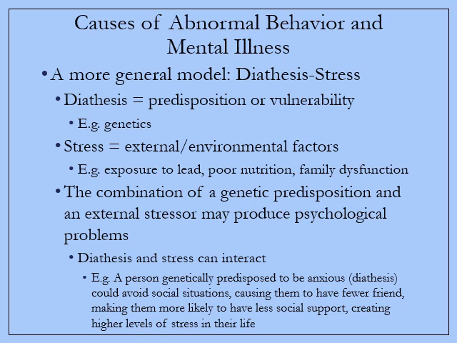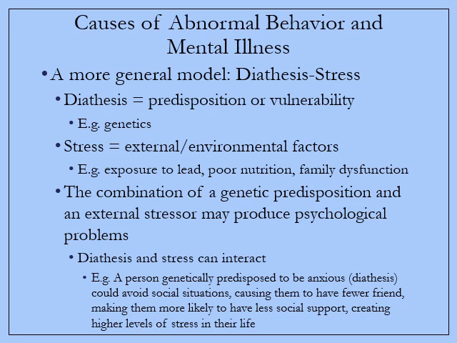And stress is any external or environmental factors, so exposure to lead during childhood or poor nutrition or a dysfunctional family environment. In the diathesis stress model, the combination of this predisposition and the external stressors can produce psychological problems. Importantly, the diathesis and stress can interact.